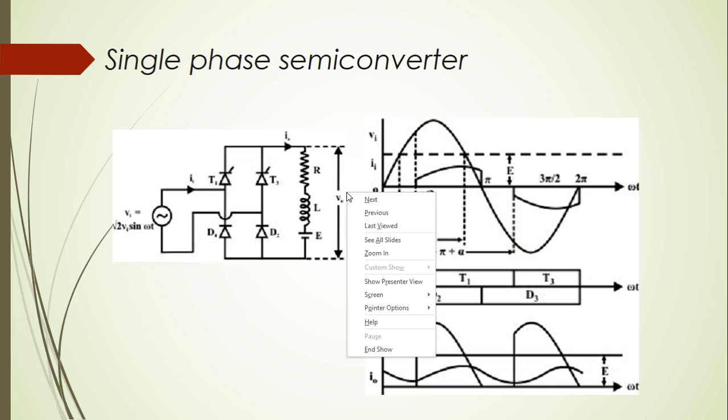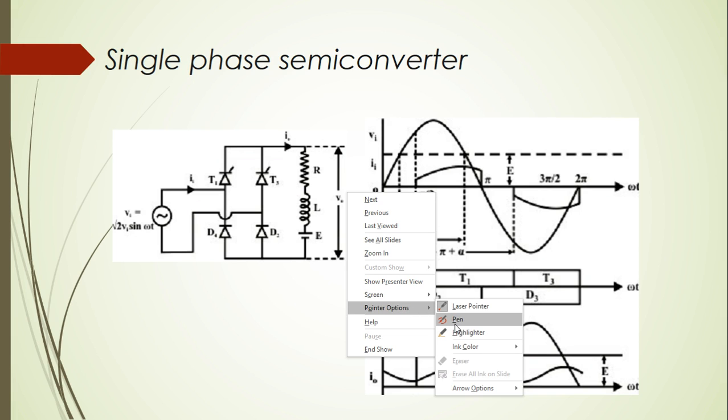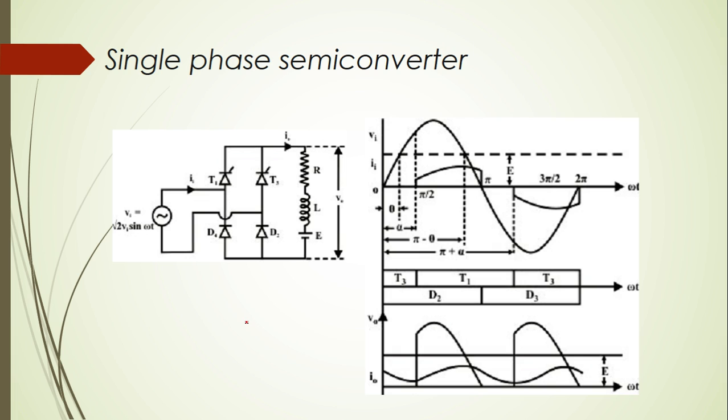Initially, suppose in this positive half cycle, at this point alpha, triggering of T1 is done. So T1 is triggered at alpha.